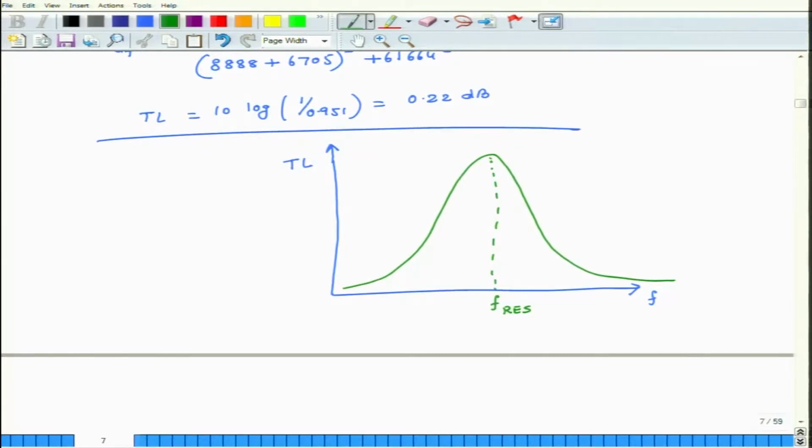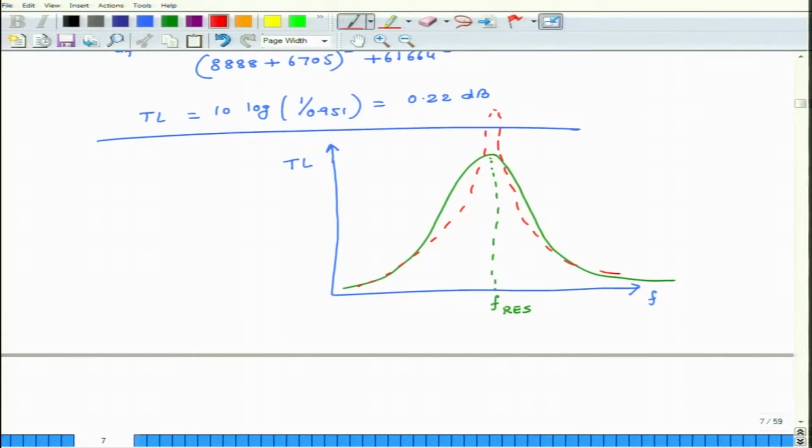Ideally, I can design my Helmholtz resonator in such a way. So, what I want is that if this peak is like this, the red line is also a possible solution.